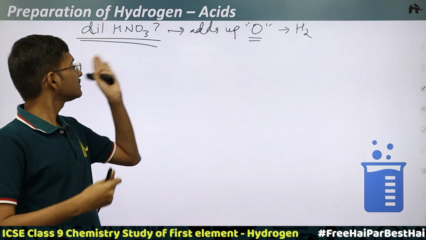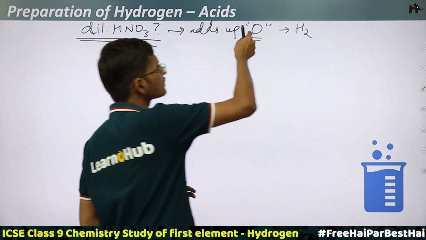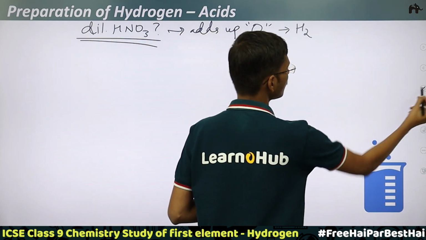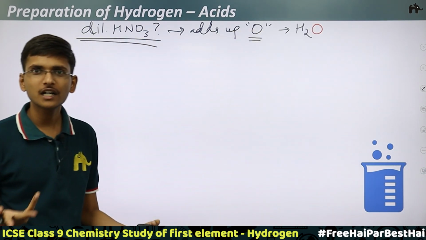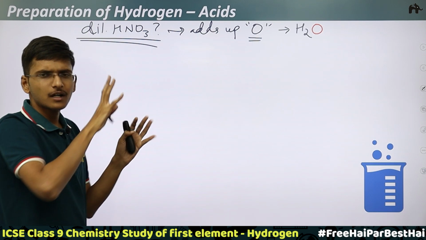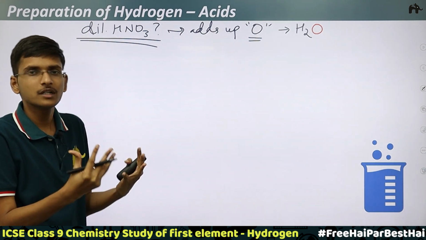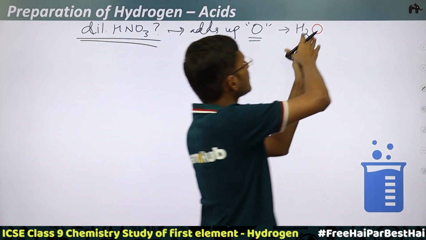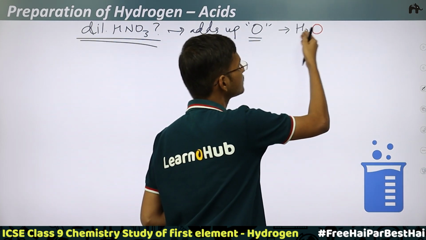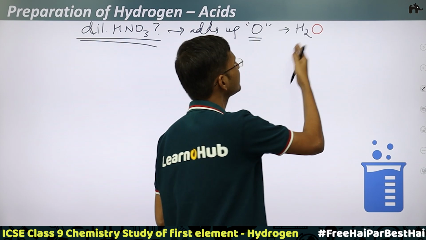Since dilute nitric acid adds up oxygen in hydrogen, what would result? Water. Correct. Because whatever hydrogen would be formed, if dilute nitric acid is used, it adds up oxygen in our hydrogen. So instead of getting hydrogen, we would get water.